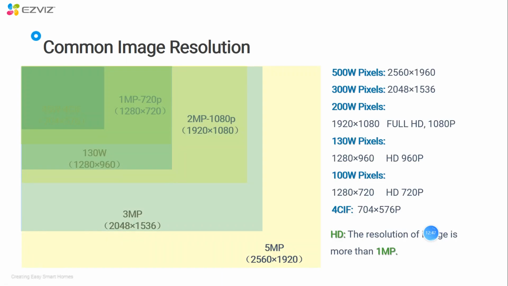According to the resolution, we define a pixel count larger than 1 megapixel as HD, and larger than 2 megapixel as Full HD.